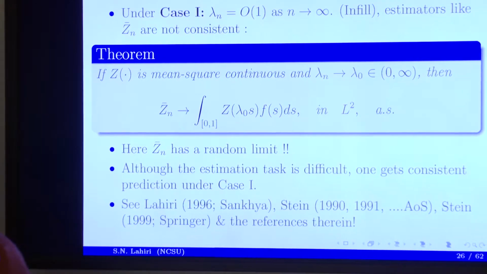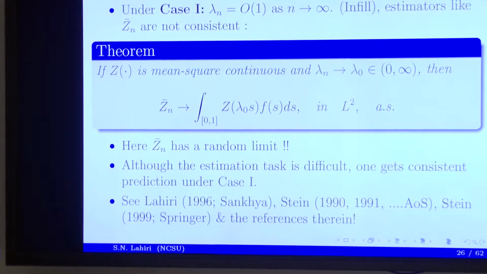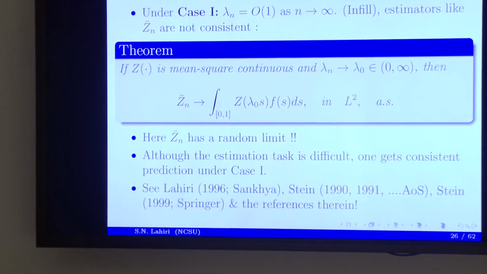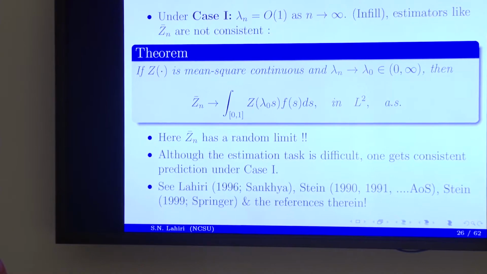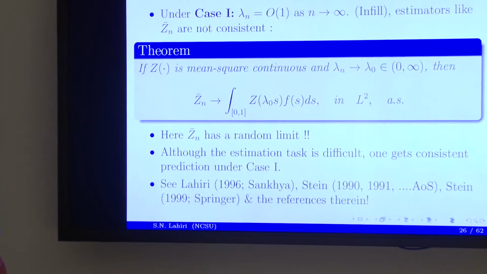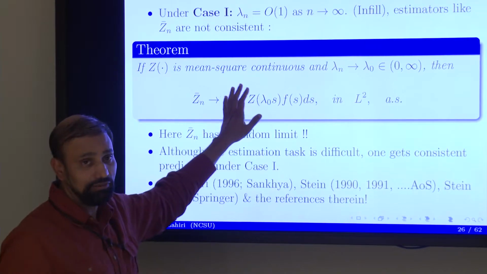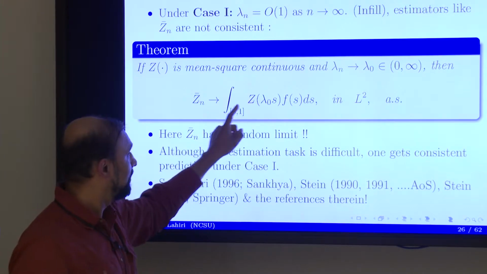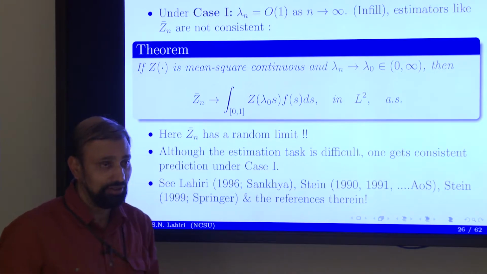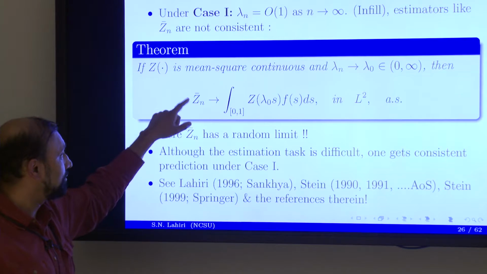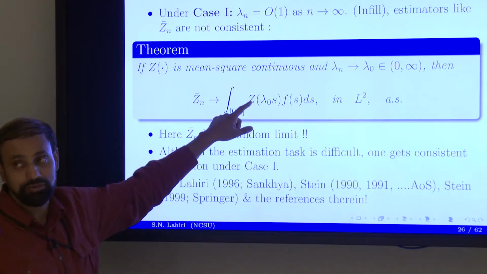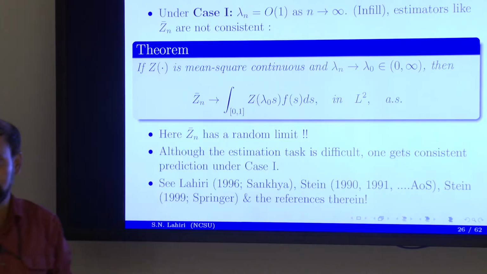So you do not have consistency. You have n observations. You have averaged them with the hope that that will reduce the variability. But this really does not kill the variability. It has a random limit. So if you have enough moments, you look at the variance of this, that will go to the variance of that, and that is non-zero. So averaging does not help here.